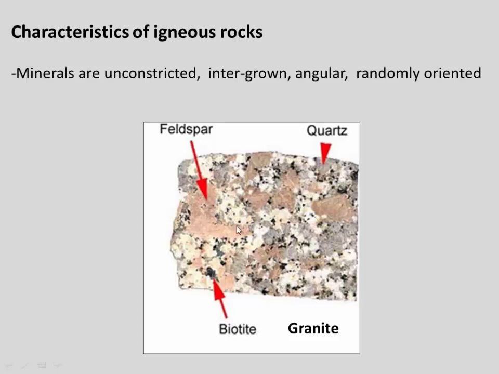The minerals tend to be angular and random in size, showing that they grew in essentially an unconstricted environment. As these minerals each grew larger, they bumped up against each other and they were each able to take on a shape. They don't have fabrics or layers.